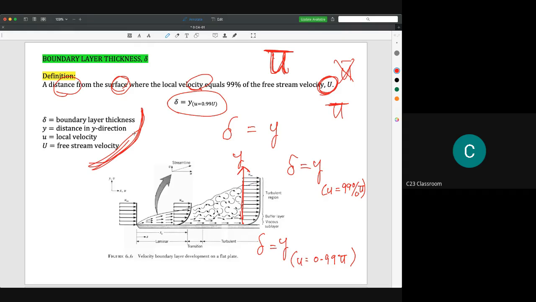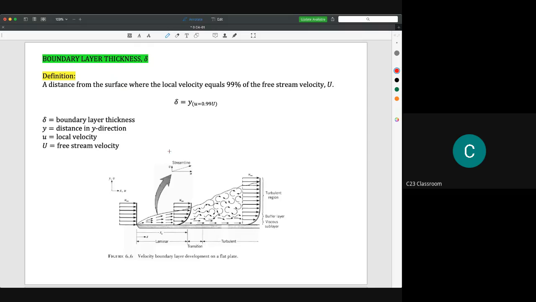And again, the boundary layer here can be divided, as I said previously, into laminar and also turbulent. The boundary layer thickness can be measured at any location.